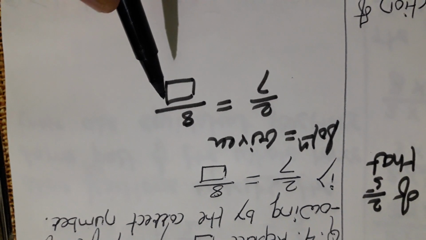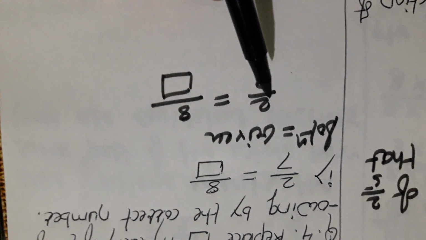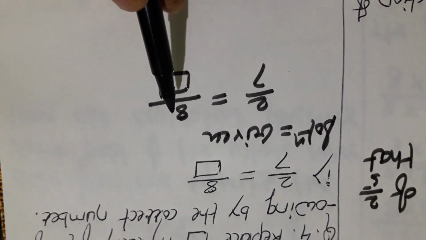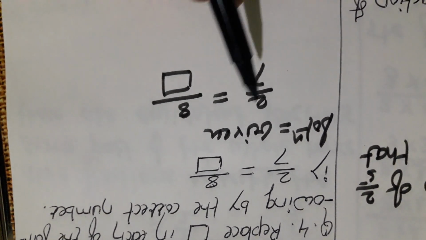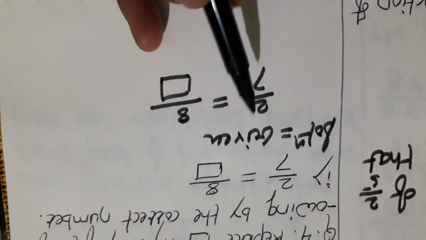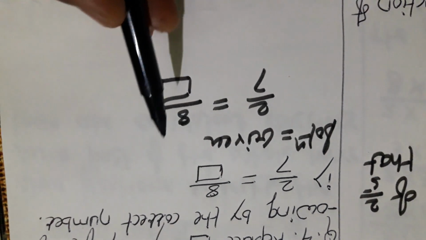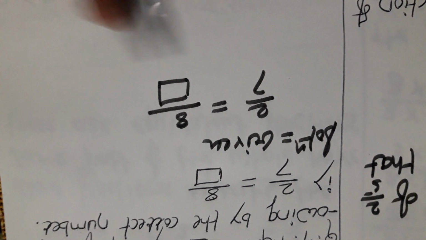Instead of this blank space, what will come, that we are going to find out. For that purpose, you see the relation between these numerators. What is the relation? After dividing these two, can we get 8? Or after multiplying these two, we will get 8. That we have to think.